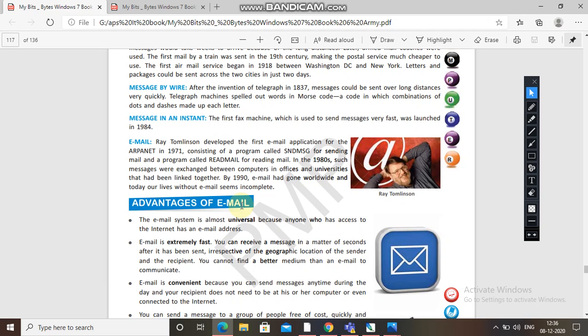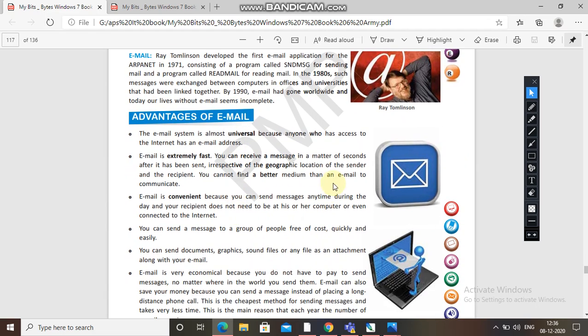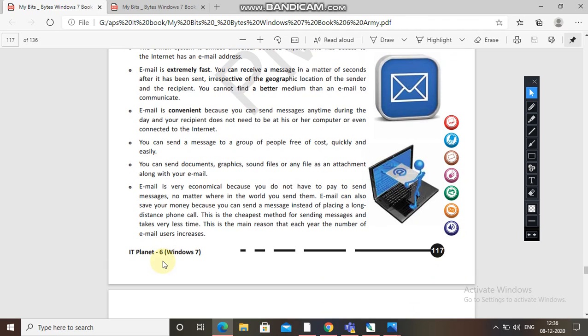You can send a message to a group of people free of cost, quickly and easily. Email is very economical because for sending the email, you don't have to pay much. You don't have to pay a single penny to the customer or the person. So this is also a good thing.